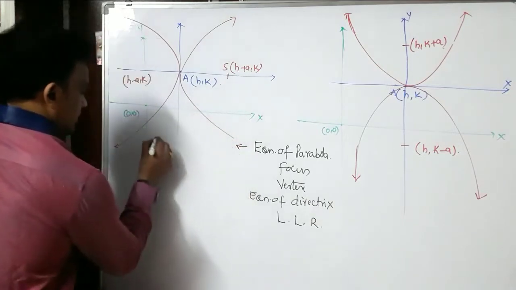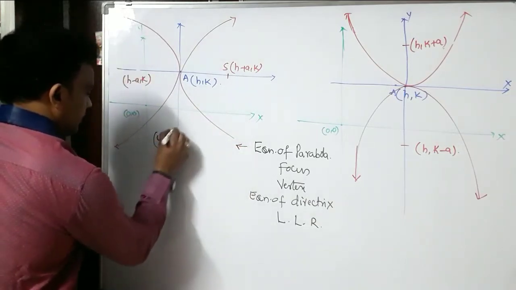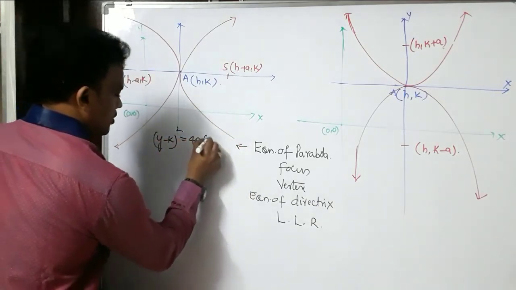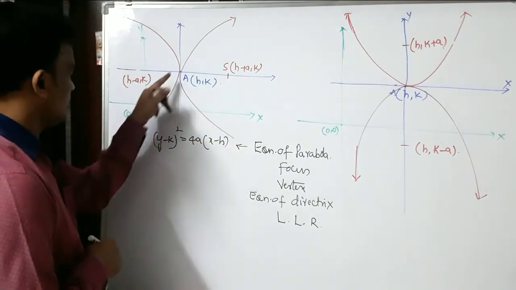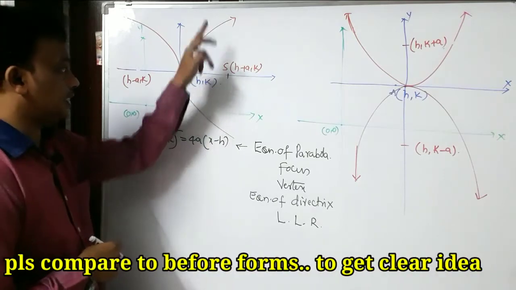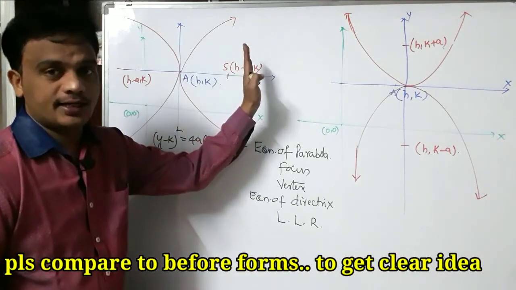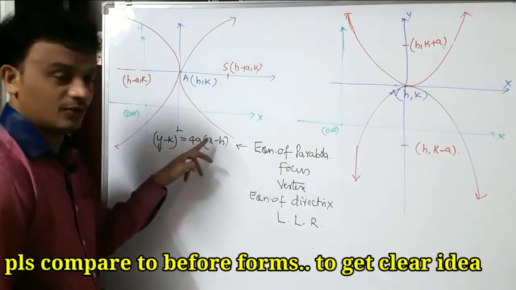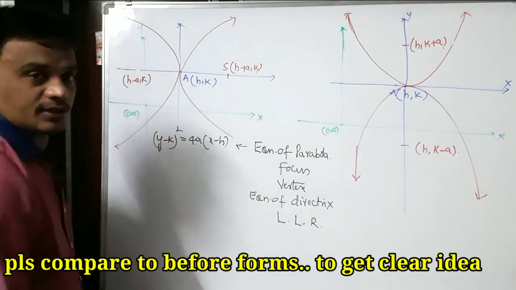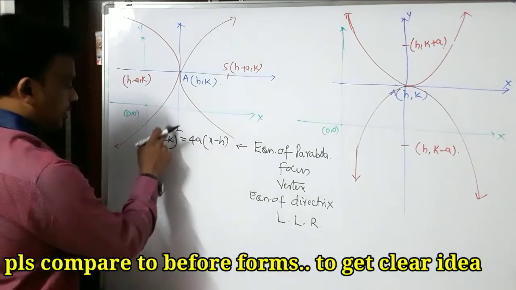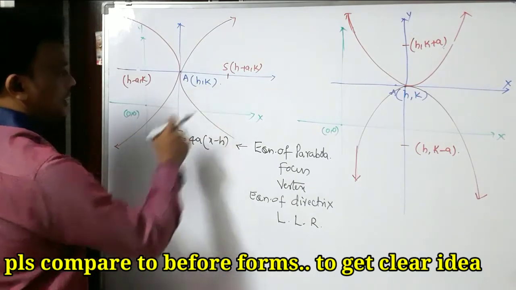I can write y minus k whole square is equal to 4a into x minus h. Right or not? The origin 0, 0 is shifted to the point h, k. The right-handed side parabola is y square is equal to 4ax. Now the origin is shifted to h, k by the transformation of axis, and the equation is y minus k whole square is equal to 4a into x minus h.